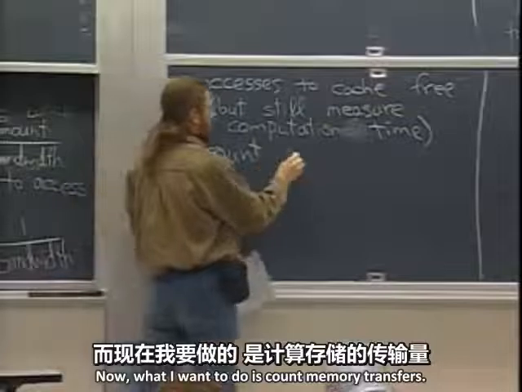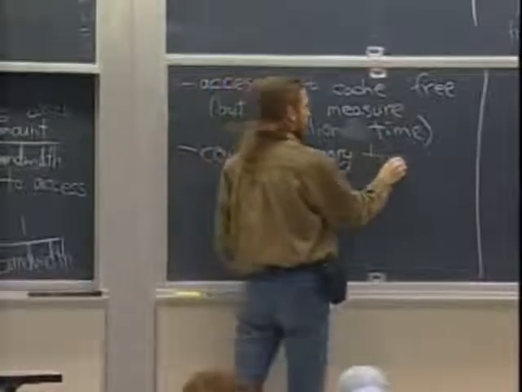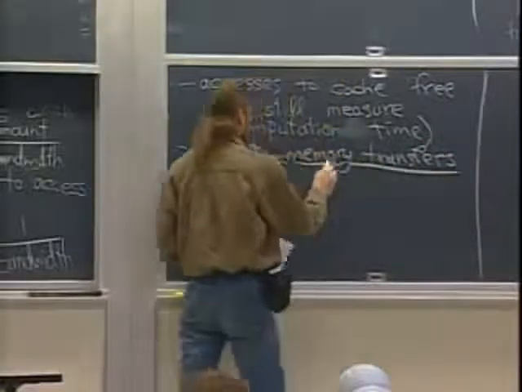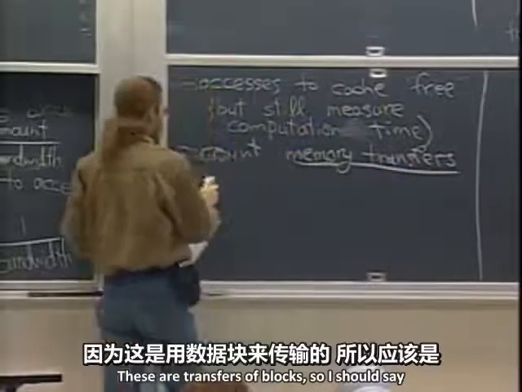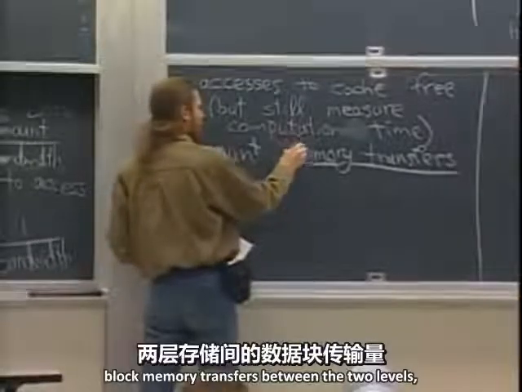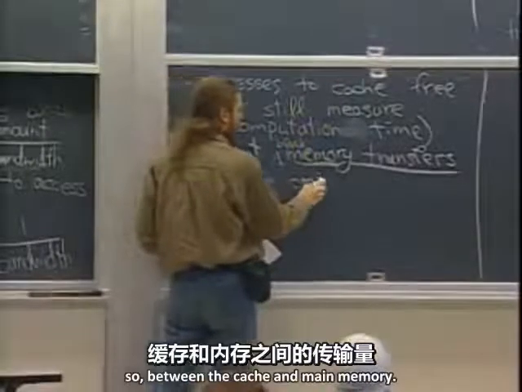So this is the old stuff. Now what I want to do is count memory transfers. These are transfers of blocks. So I should say block memory transfers between the two levels, so between cache and main memory.